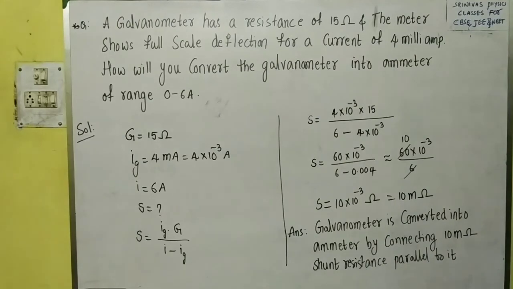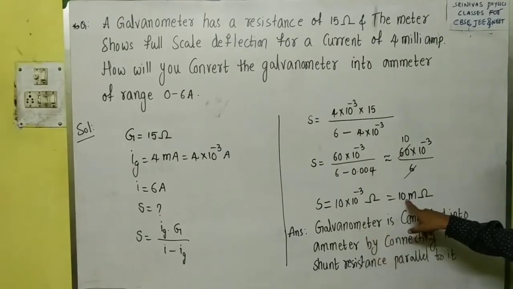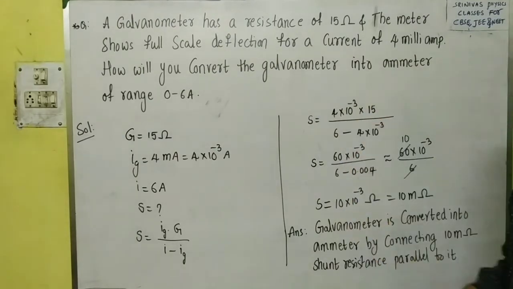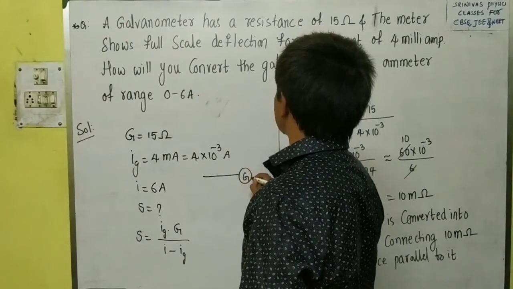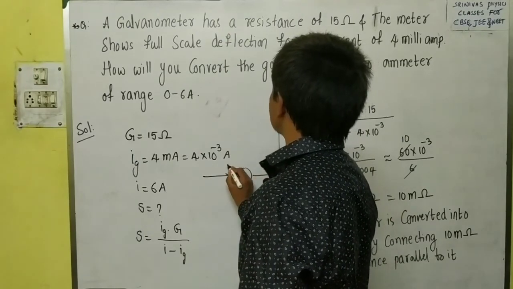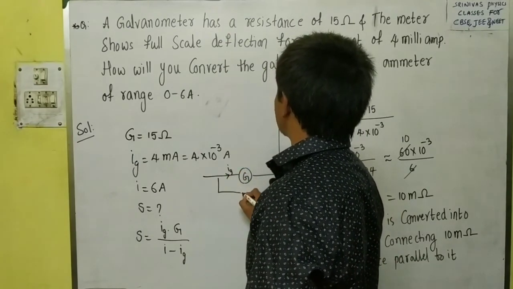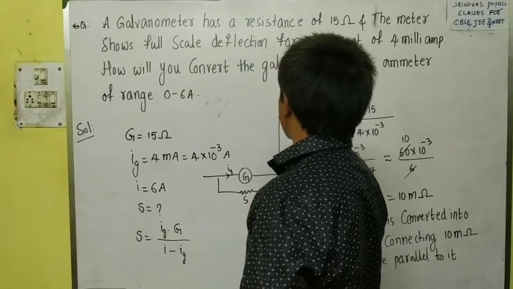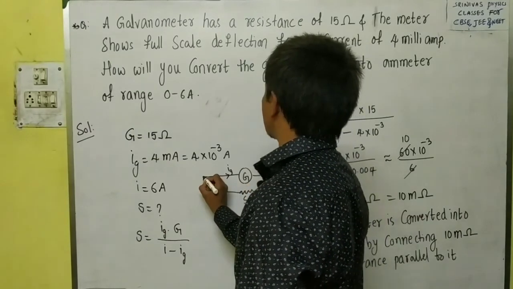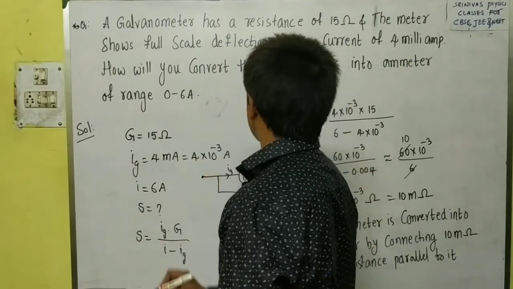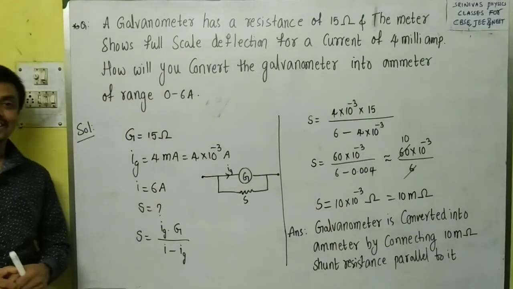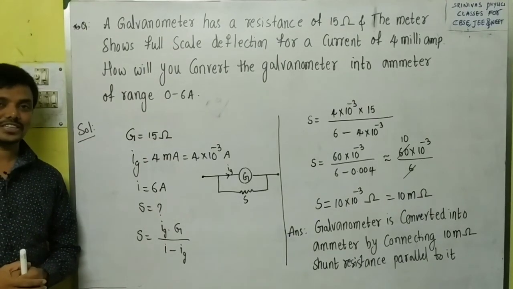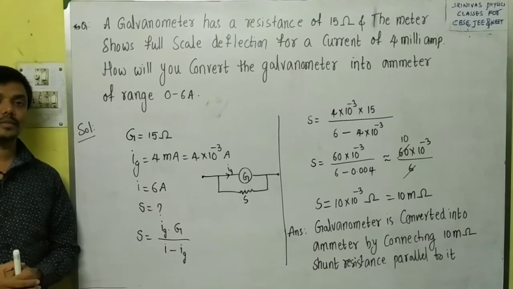This is the galvanometer, this is Ig it measures. When you connect the small resistance S parallel to it, this galvanometer is converted into an ammeter. This is now the ammeter. It was a simple solution. Take the screenshot and note it. I am going to explain the other topic, that is conversion of galvanometer into voltmeter.